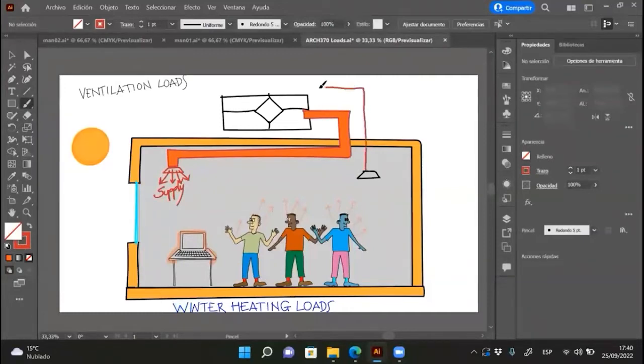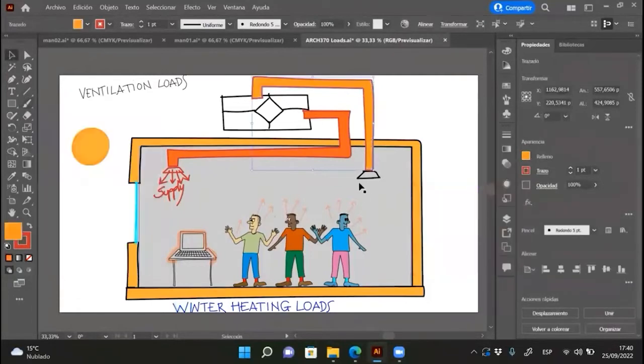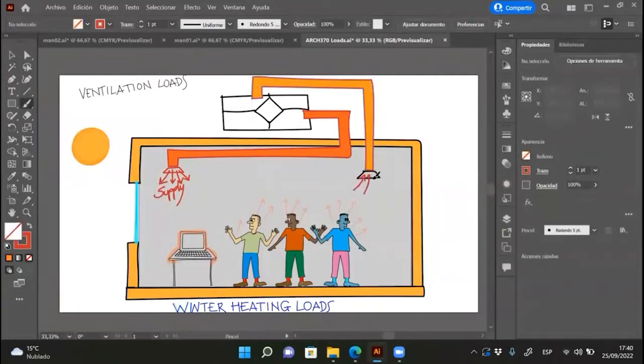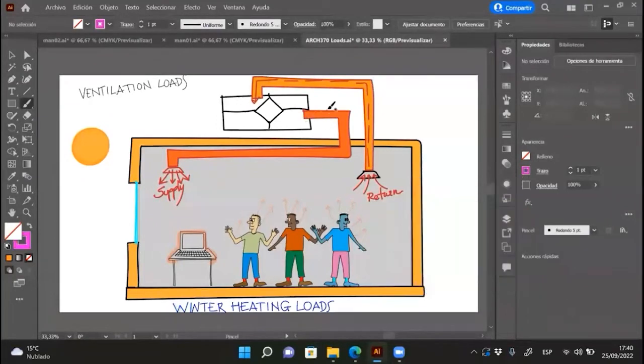So we have another duct that goes to the air handling unit. And there we have the heat recovery. This return diffuser gets the air at the same comfort temperature, 70, 72. And then we go to the air handling unit. We have this heat recovery, so we mix the air, and then we have the supply diffuser.